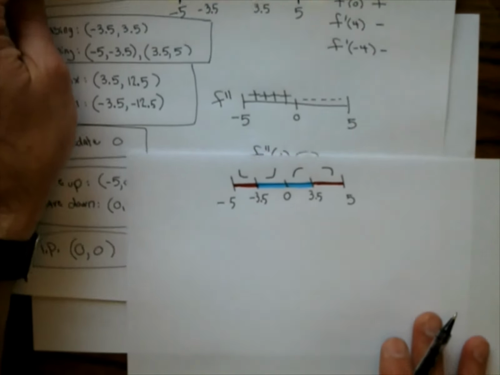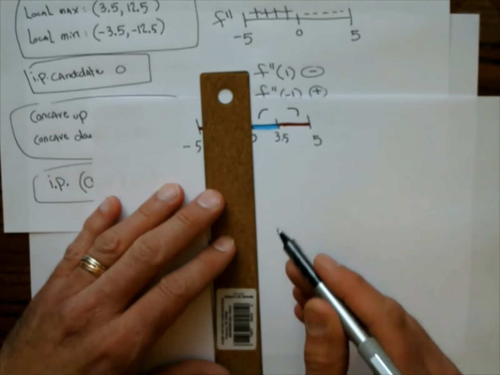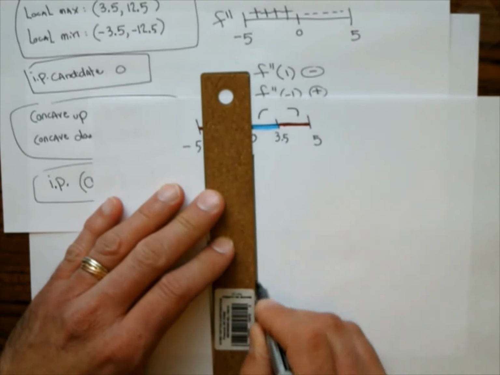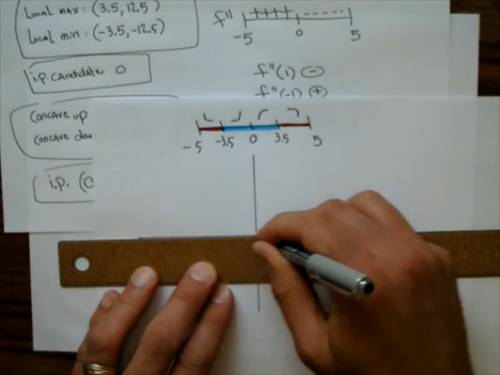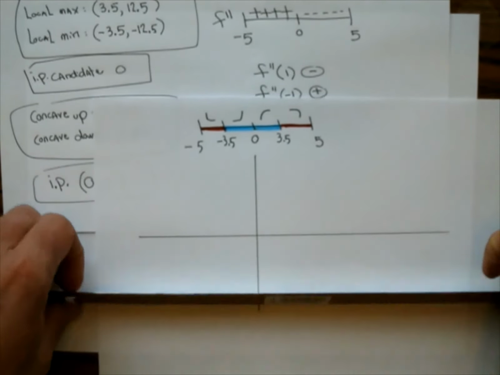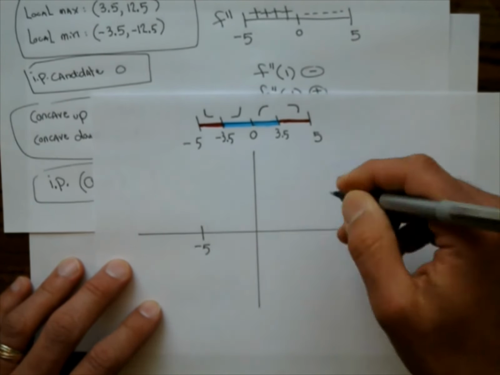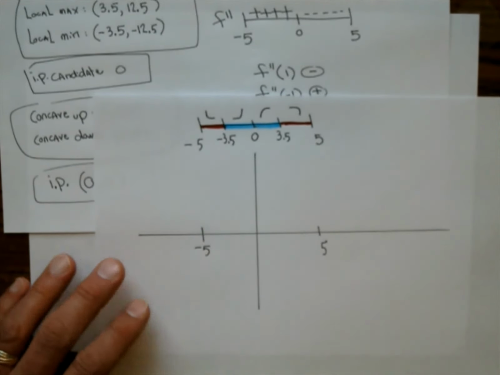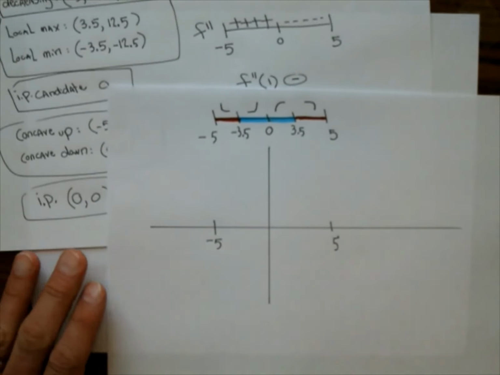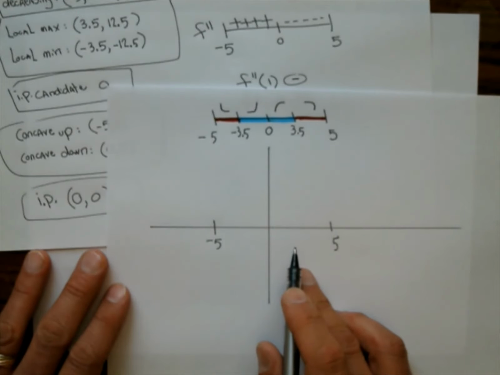So let's go ahead and try to do this graph here. Our graph is going to stay between negative 5 and 5. It's not going to be perfect the way I do this. I'm going to have a local max at (3.5, 12.5).